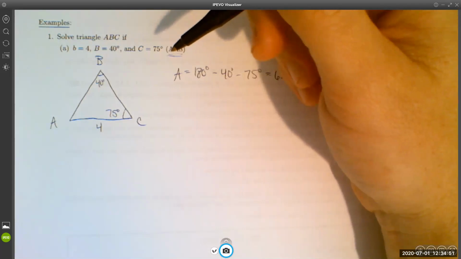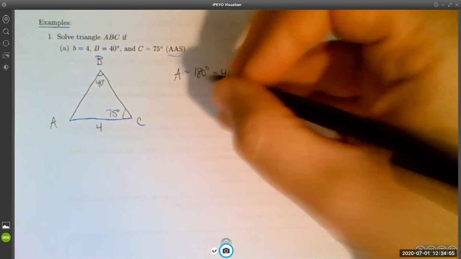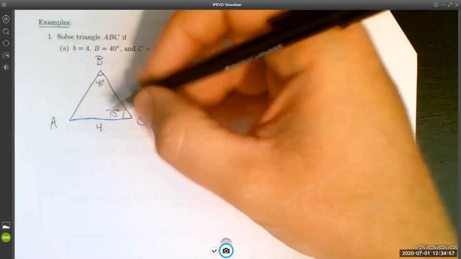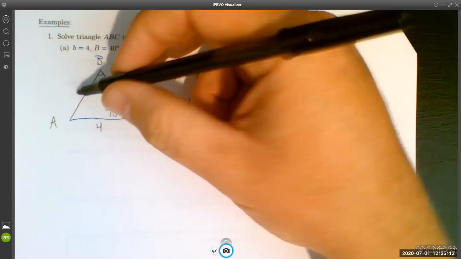But what we can do is use the law of sines. We can say sine 40 over 4, that's sine B over b, equals sine C over c.